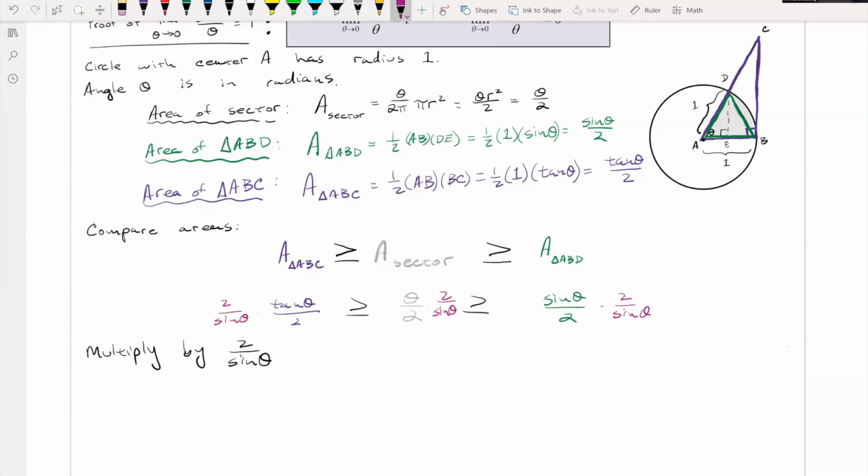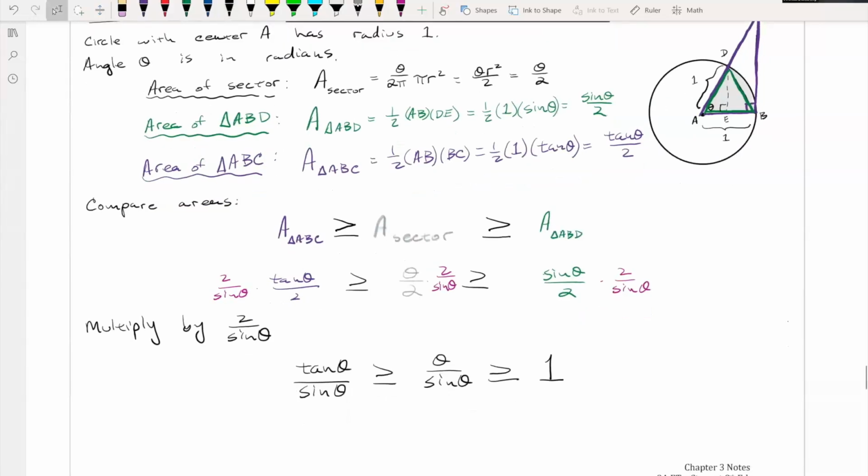And so what we're going to get is tan theta over sine theta, because the 2's cancel, theta over sine theta, because the 2's cancel, and just plain 1, because everything cancels.